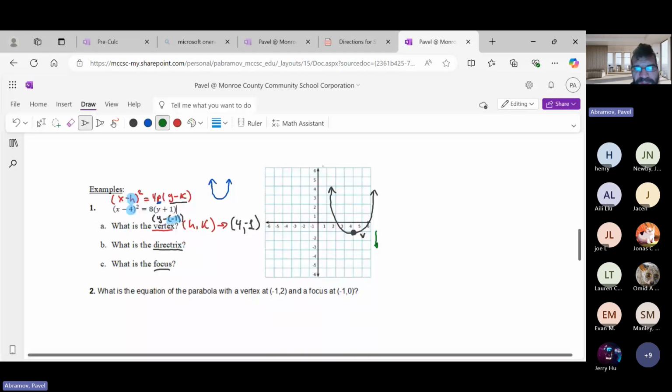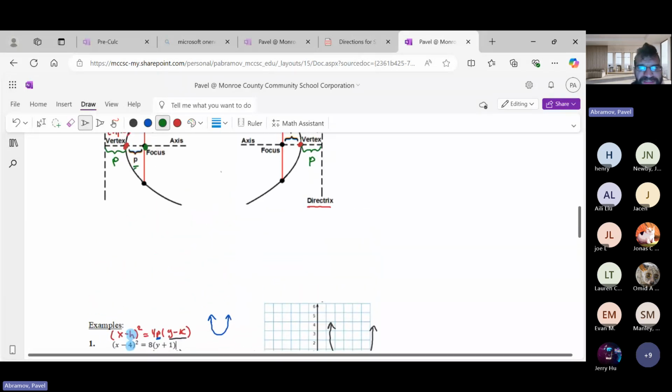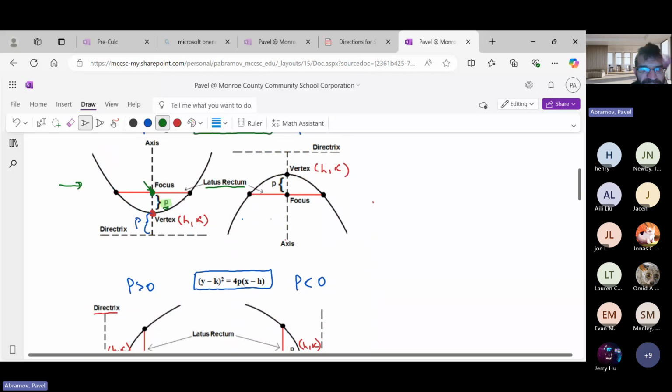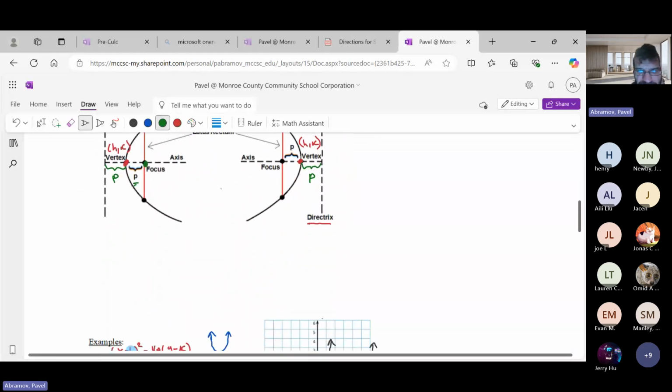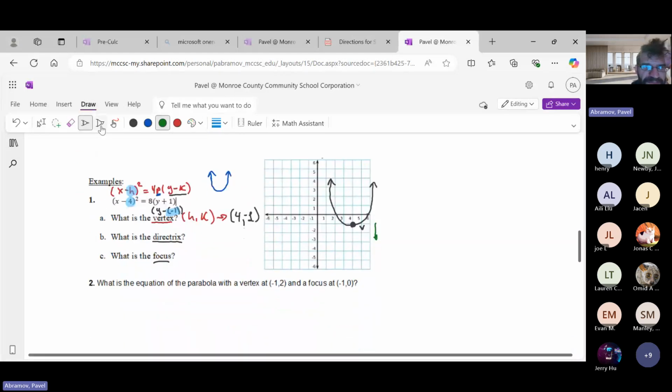Now, how far below? Remember that the distance between the vertex and the directrix is this value p. So we need to find this value. Here we can look at our equation, and we can see that 4p is the value in front of the parentheses, which in our case is 8.